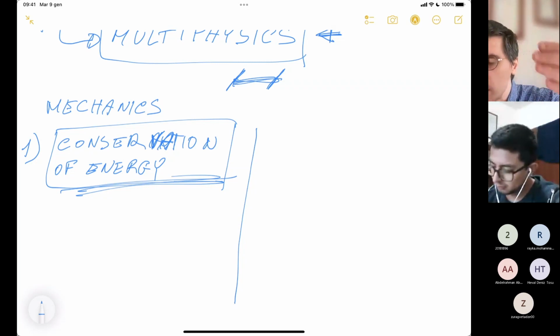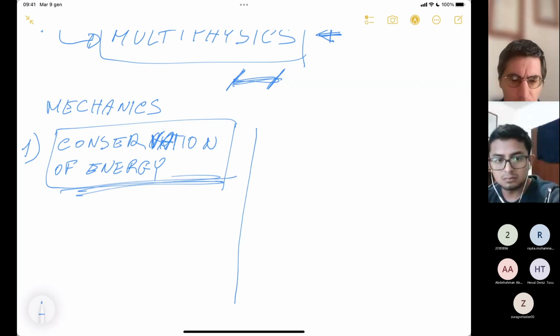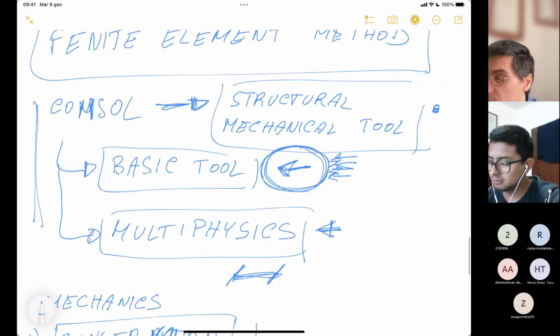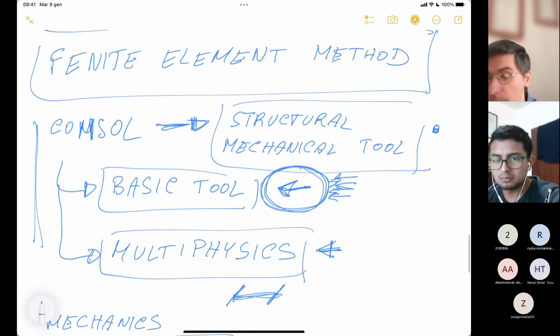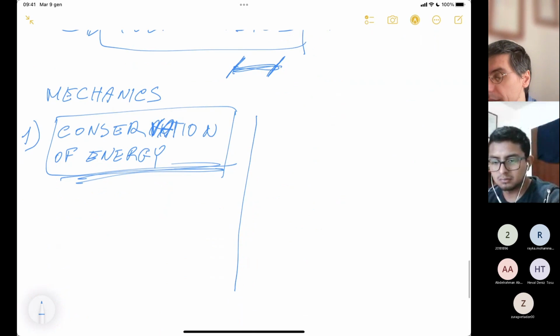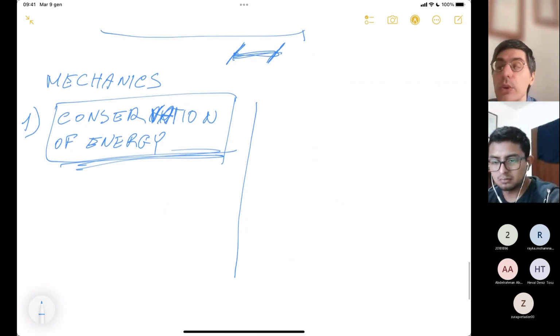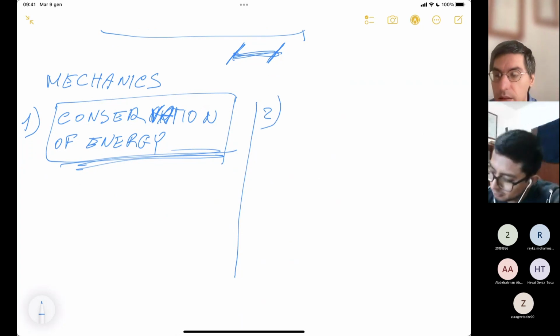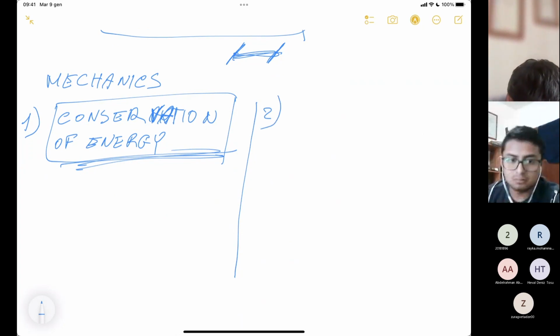So if we start with this concept, we will adapt very easily to the tool that we will use with the finite element method. The other possibility is to start with the framework of the Newton laws.